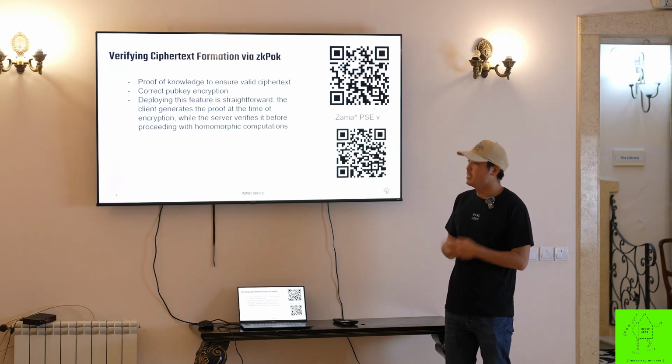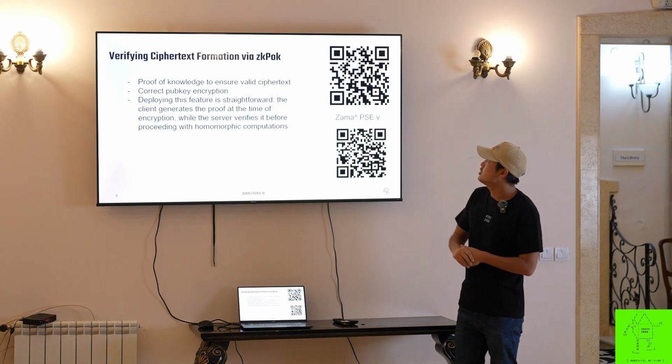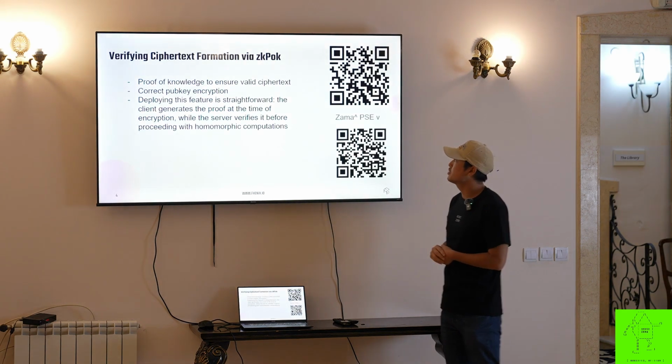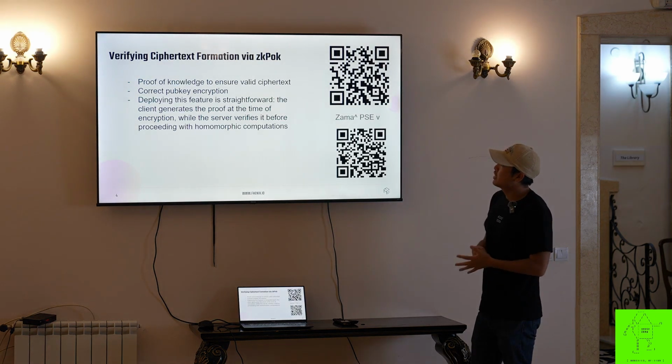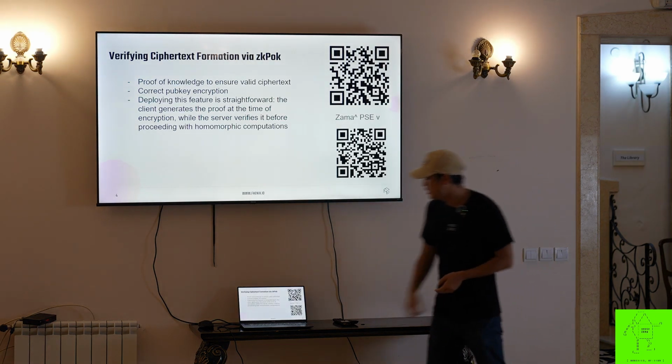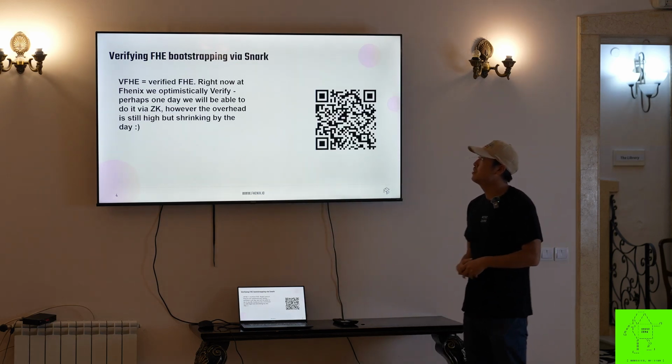From there, you can take it to extra steps. Zama and the PSE have both looked into different implementations of this concept in practice. Another thing is verifying FHE bootstrapping via a SNARK.